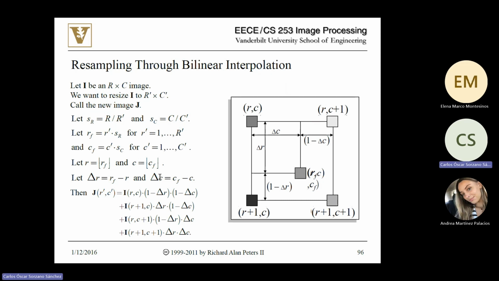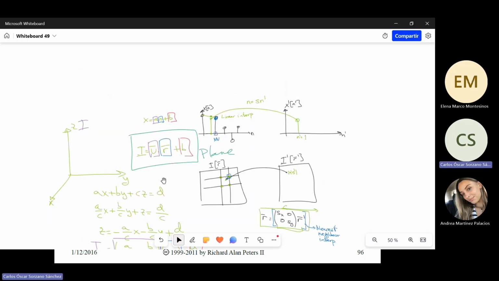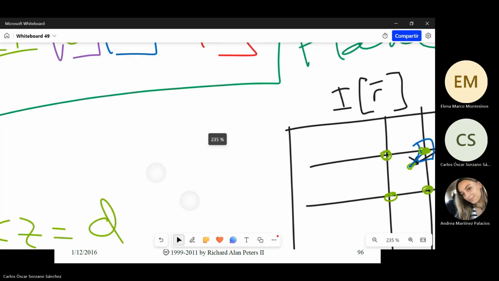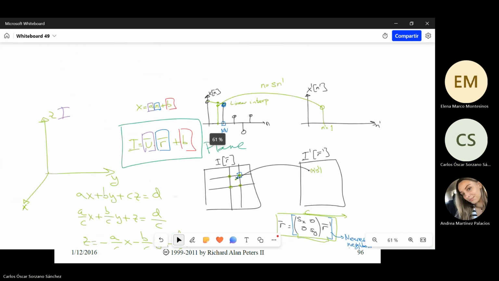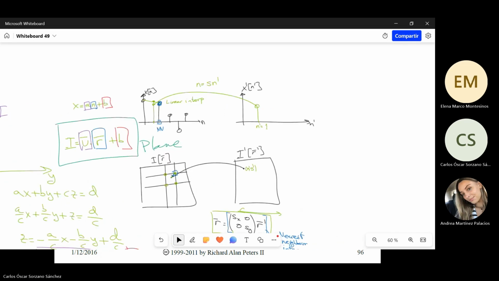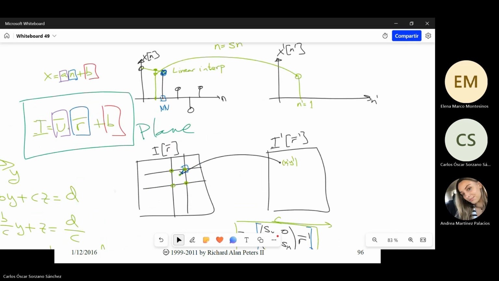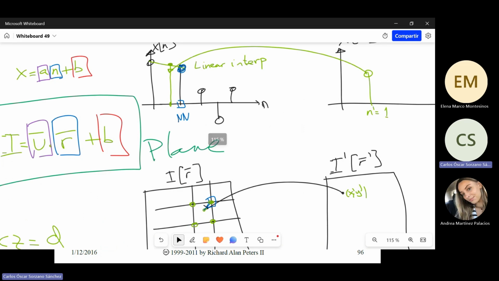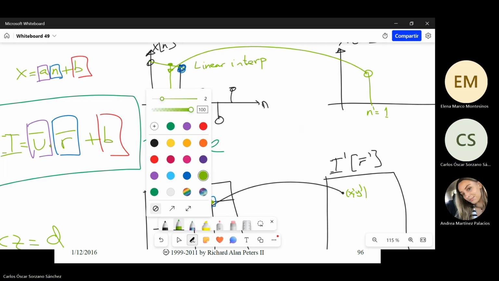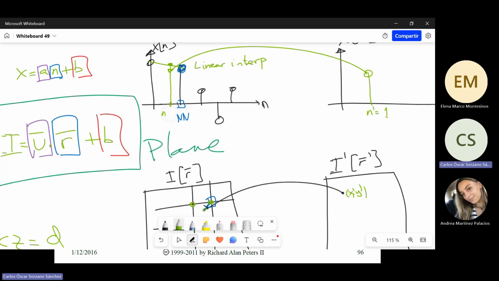We will define it as a fraction, so let's put numbers first. Here n prime was 1, then 0.75.